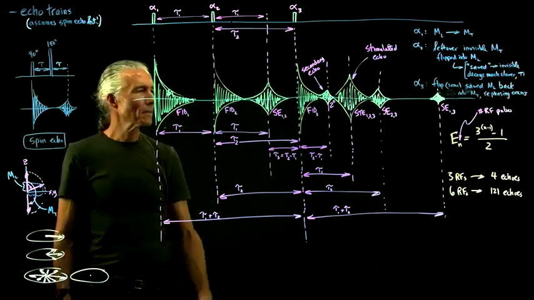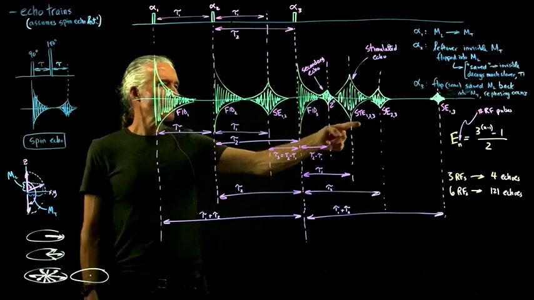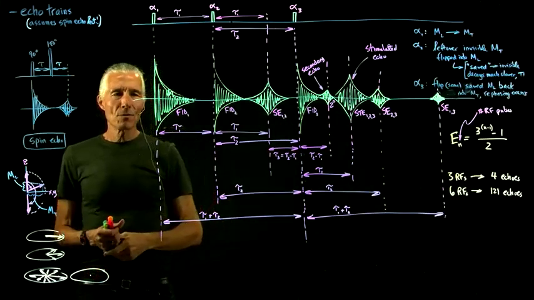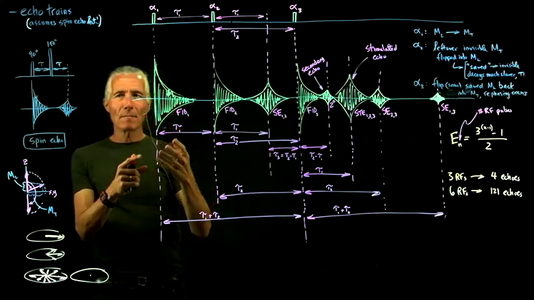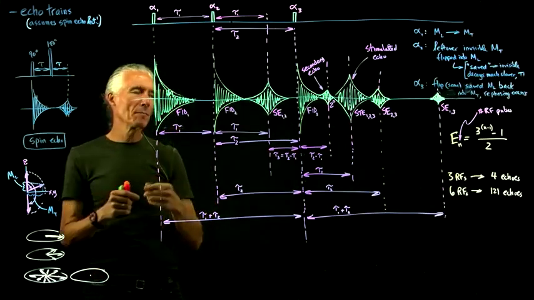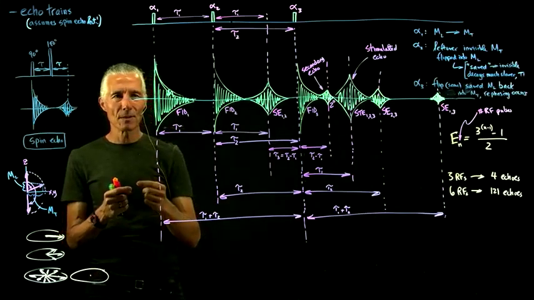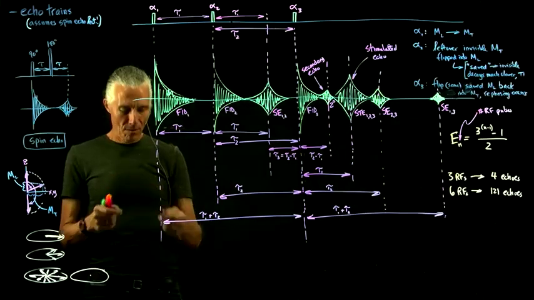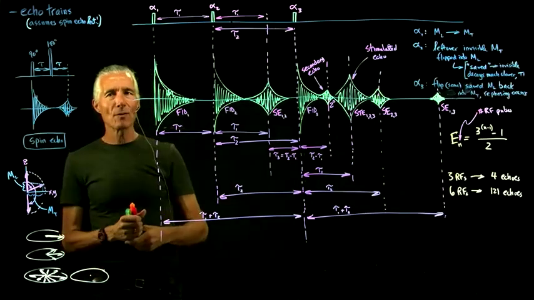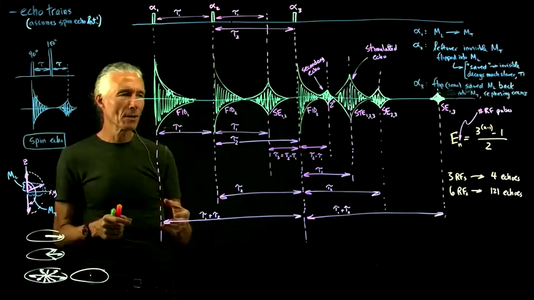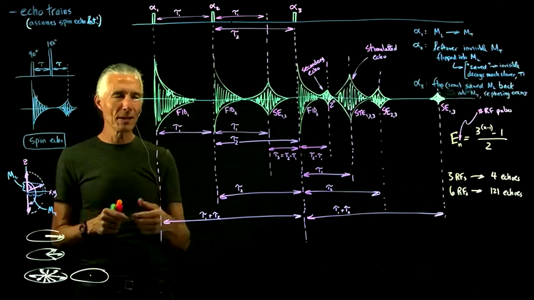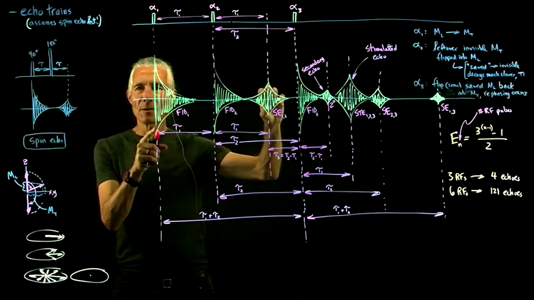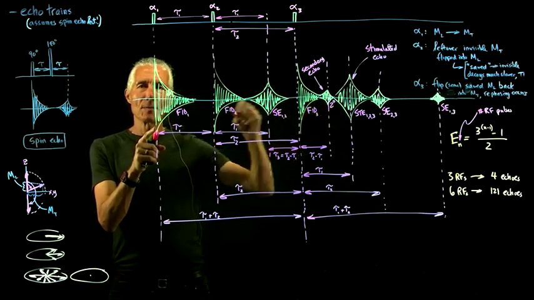Now, there are special uses for stimulated echoes, because an example might be if you make some kind of measurement, maybe like a diffusion measurement. You want to measure what direction atoms are diffusing in. One of the problems with that kind of a measurement is you've got to wait a while for the diffusion to occur. And so if I wait long enough, my spin echo is going to get pretty small.